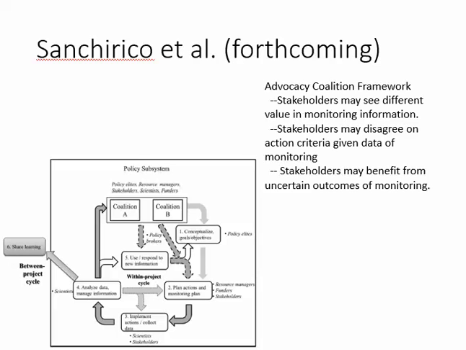Stakeholders may disagree on the action criteria given the data, and therefore it becomes very important to establish what those action thresholds are before you start monitoring, and that a lot of monitoring may fail simply because of this social process rather than bad data. And so what we're saying is that it really requires better decision-making processes associated with it.